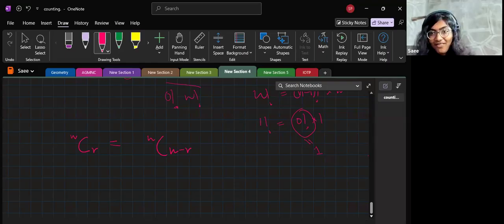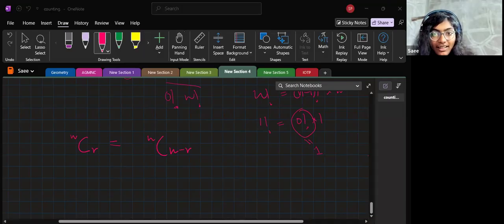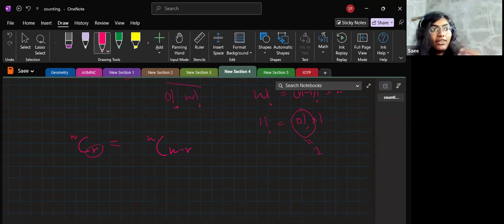You can plug it into the formula and see that it works out, but there's a way to see it which says that if you want to choose r objects to keep, that's the same as choosing n minus r objects to throw out the window. Both of them are basically the same thing.